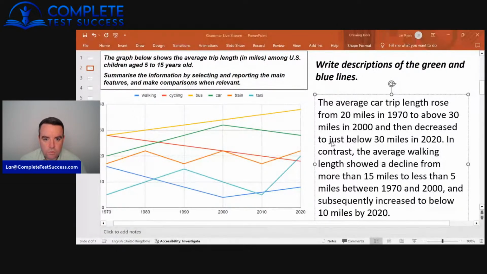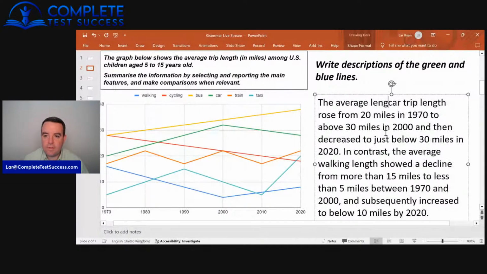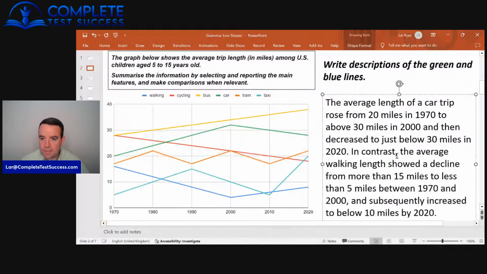So Lewis has "the average car trip length." No, car trip length isn't a noun phrase, so it's kind of the same issue we had in the previous one. So: "the average length of a car trip rose from 20 miles in 1970 to above..." I've spoken about this with other examiners and they say that's fine.